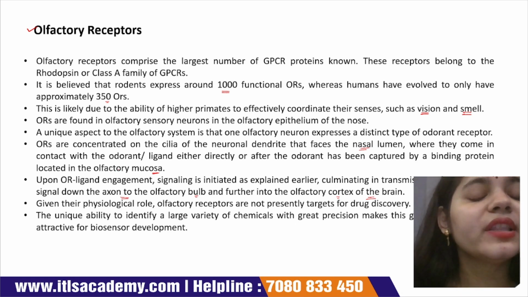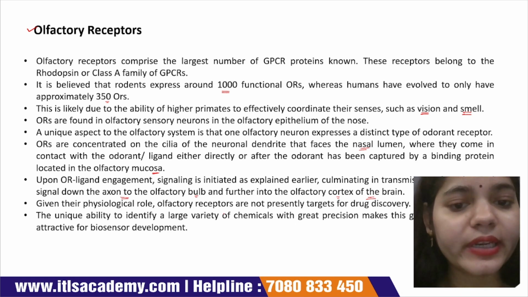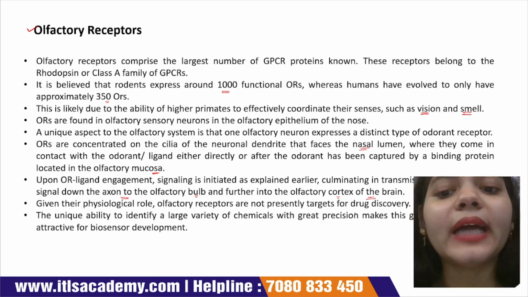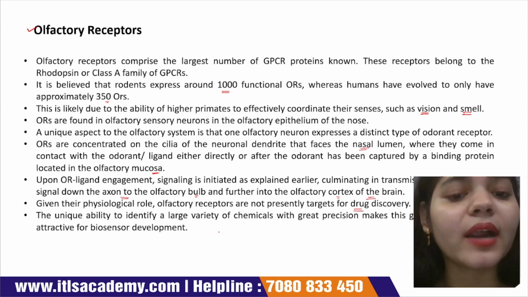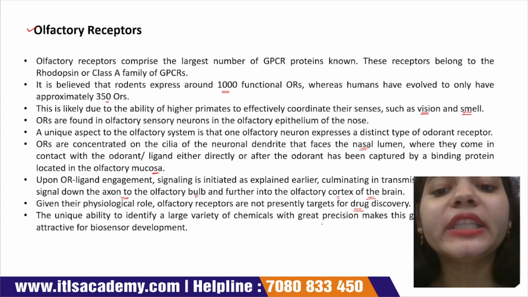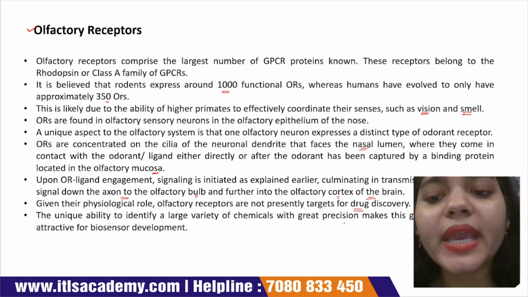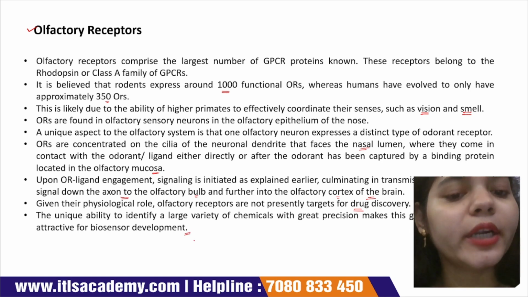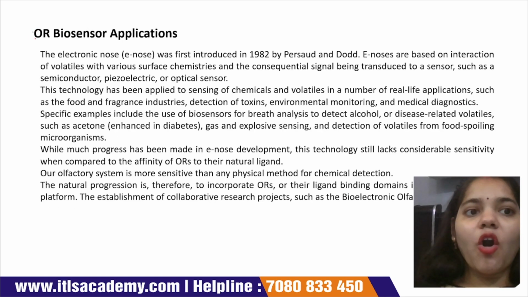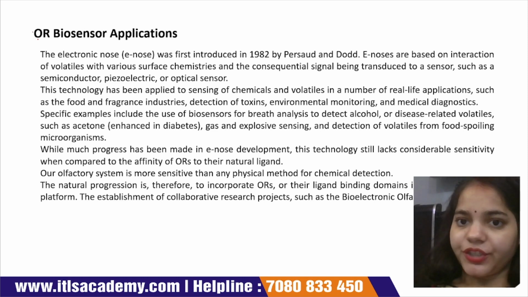Given their physiological role, olfactory receptors are not presently a target for any drug discovery. The unique ability to identify the largest variety of chemicals with great precision makes this group of GPCRs very attractive for biosensor development. Now we understand the olfactory biosensor application.